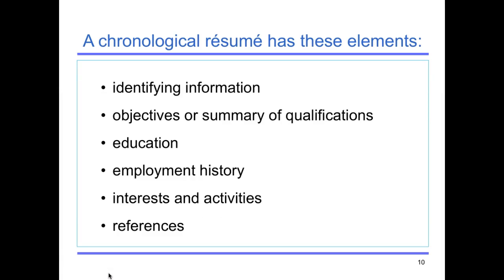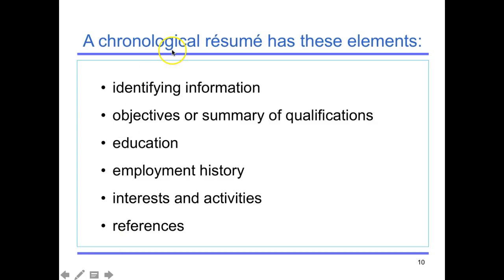A chronological resume, which is the kind that most of us do, you begin with identifying information, which is who you are and how to contact you, then an objective or summary of qualifications statement. Many people write objective statements, and I find them to be really redundant and boring. My objective is to get a job in HVAC. Okay, that's nice.